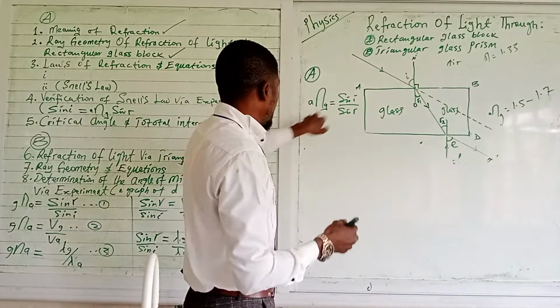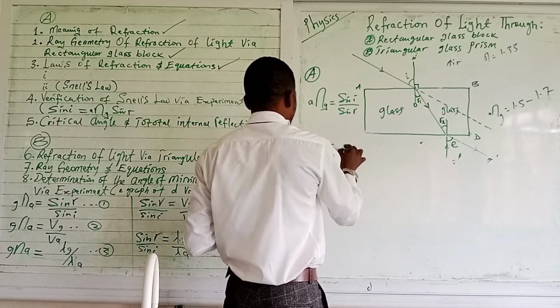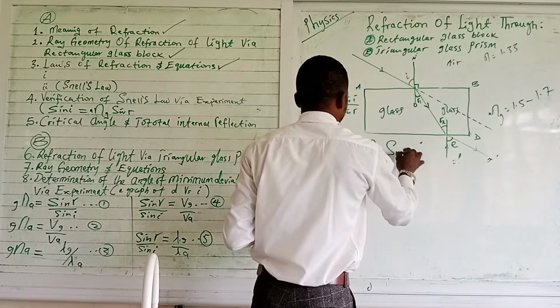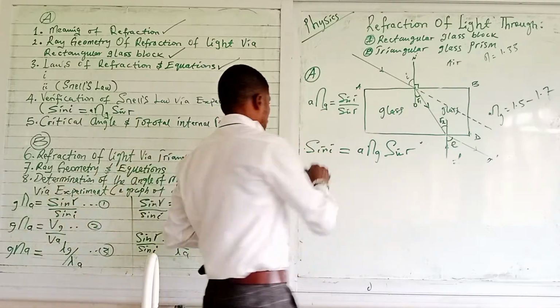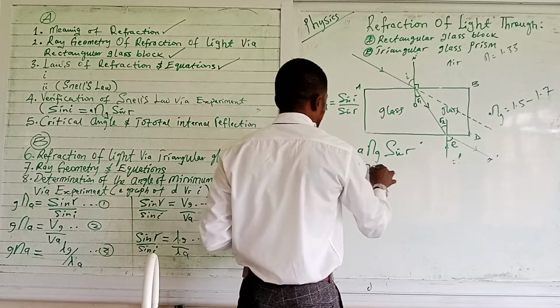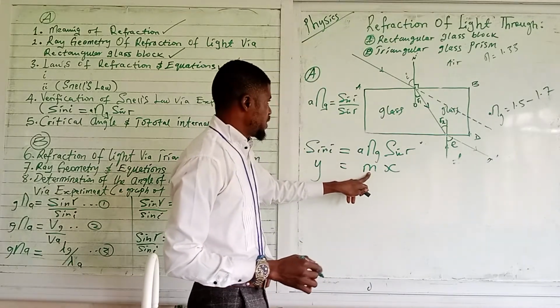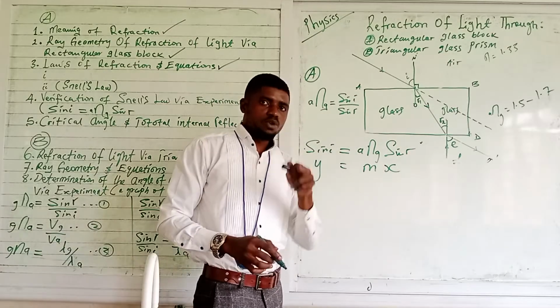You know that from here we can cross multiply and we'll have sine I equals n sine R. This looks like a straight line equation, right? Where you have y is equal to n x, where n is the slope. And in this case, this refractive index is the slope.